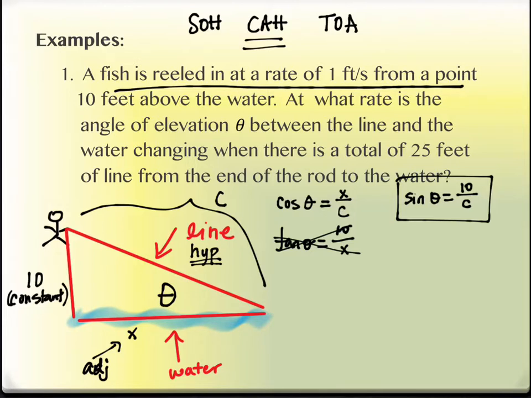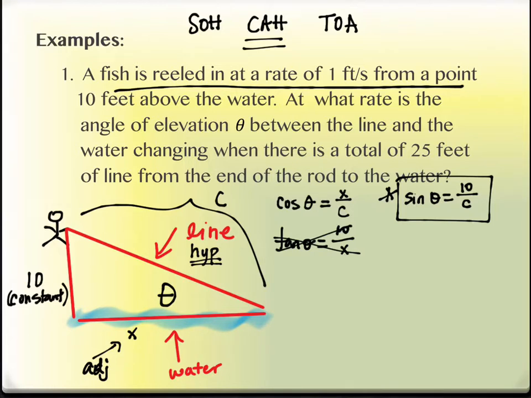I don't have it given what the value for x is. X will change and keep changing depending on what C, the length of the line, is. So the one we're actually going to end up using is the sine one, not the cosine one, because it only has one unknown side as opposed to two unknown sides. Does that make sense? Okay.